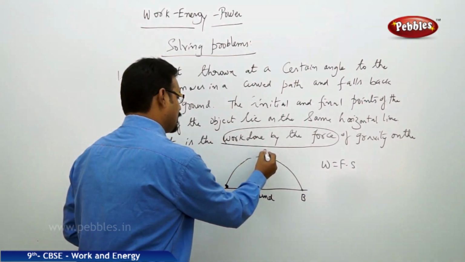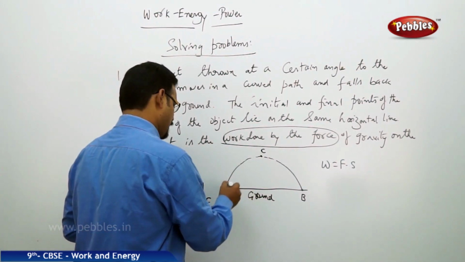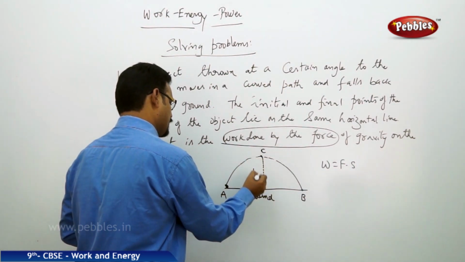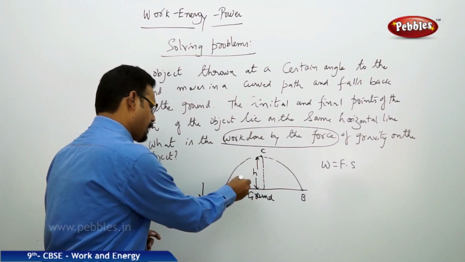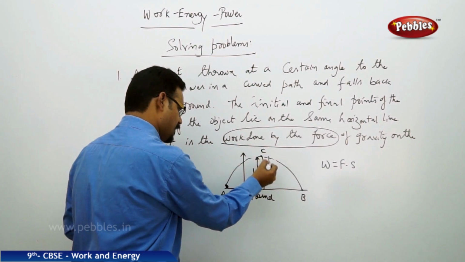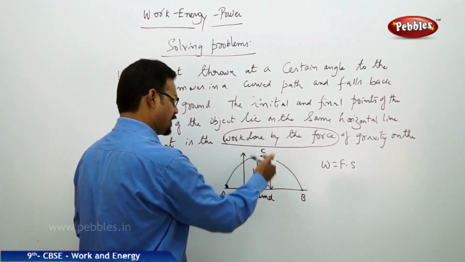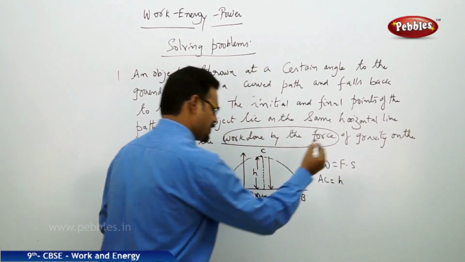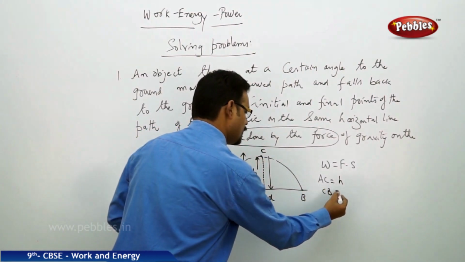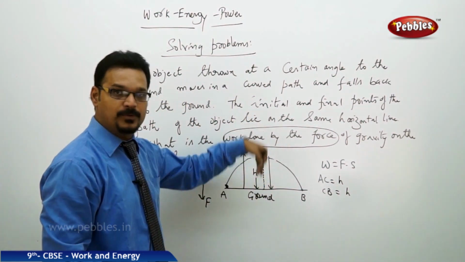Let us locate C, the highest point in the path. From A to C, this is the height reached, H. C to B, again the height covered is H, but the only difference is that, as displacement, C to B is opposite to the first one.